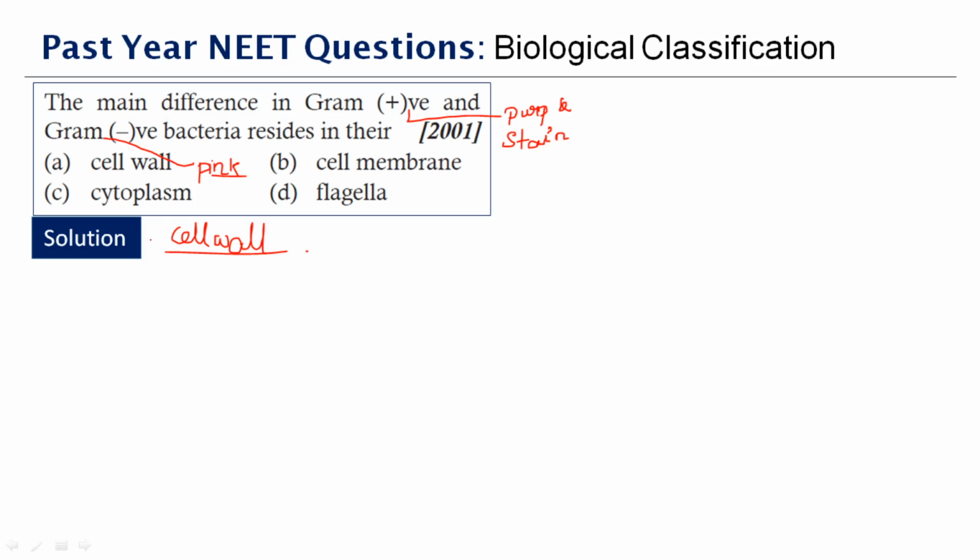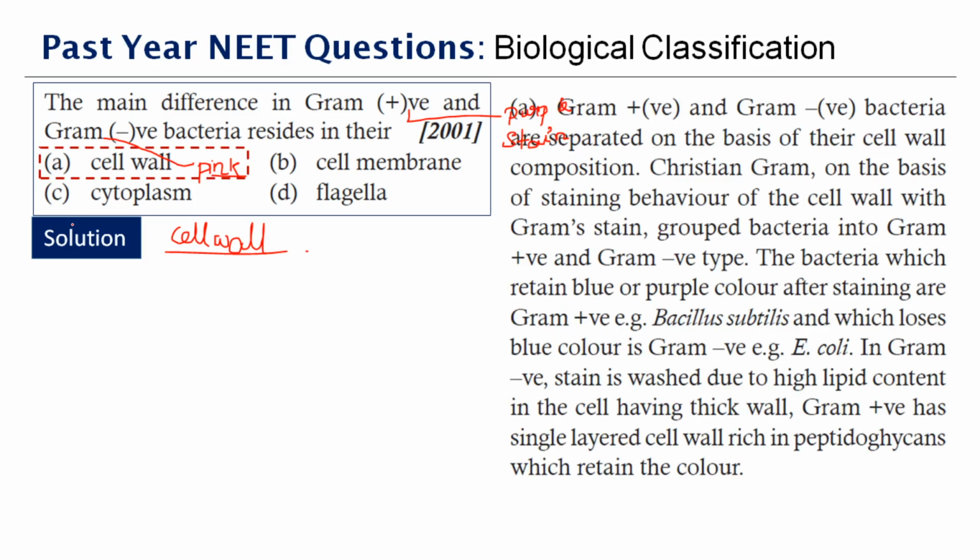The bacteria is able to differentiate the composition of the stain, and that variation is because of the cell wall it has. The correct answer is option A.